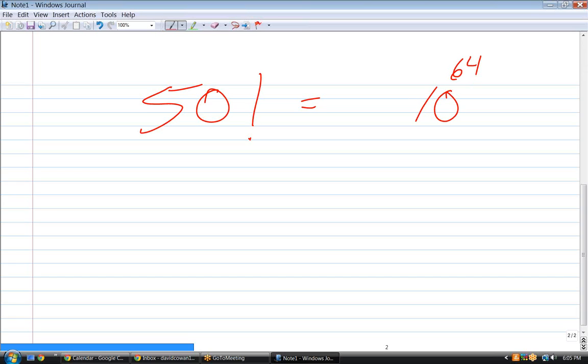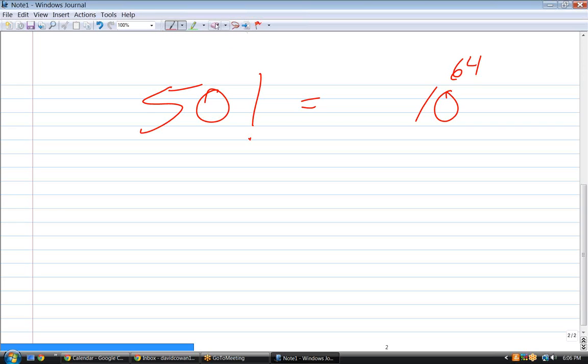That is more than the number of molecules in the universe. Believe it or not. It's a very, very strange thing. It doesn't seem like it should be that big of a number, but it is. And in fact, if you take a normal calculator and you do 100 factorial, it'll sneeze. It'll cough on you. It's such a big number.